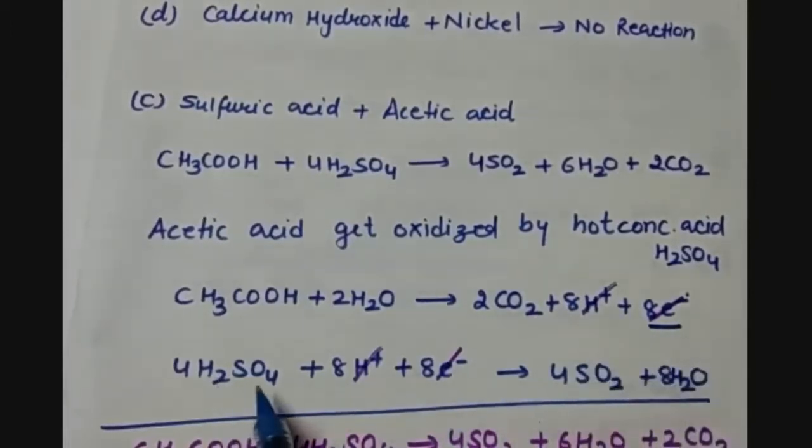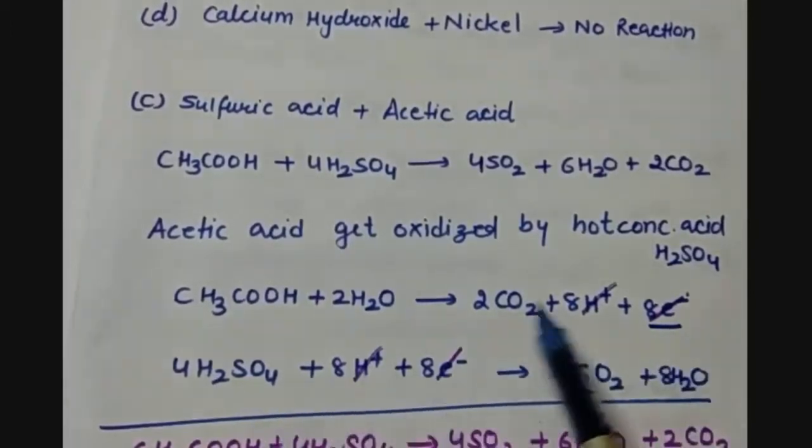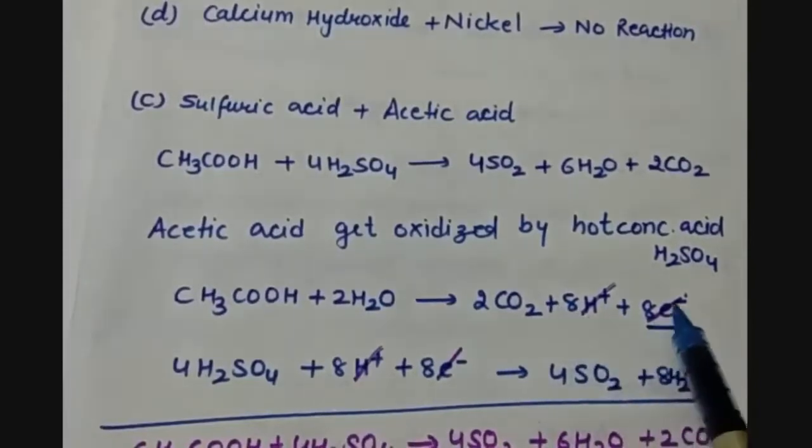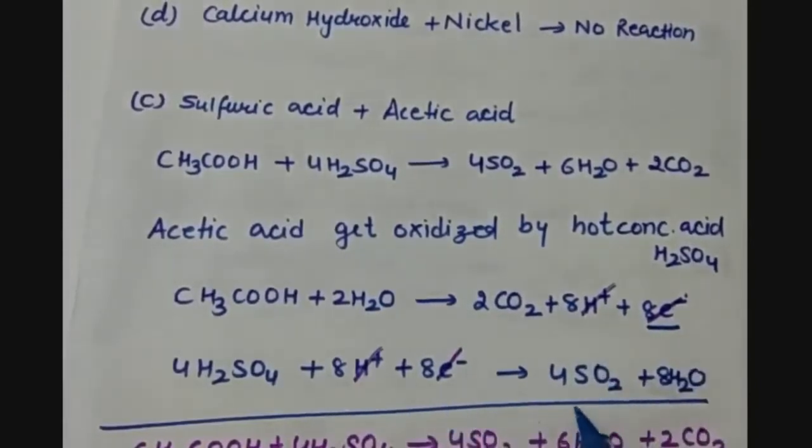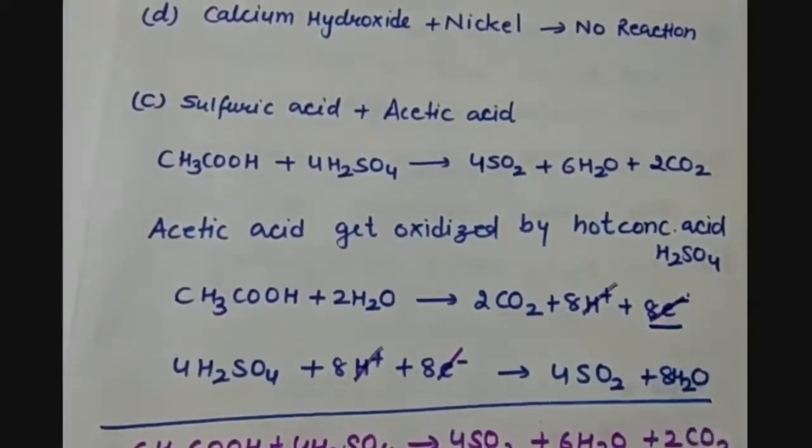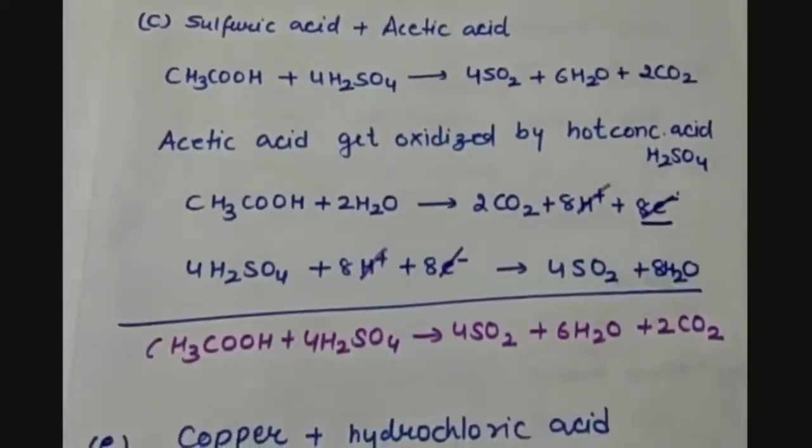Then H2SO4 gains these H plus and 8 electrons and it makes 4SO2 plus 8H2O. Hence the net reaction which is taking place is CH3COOH, that is acetic acid, plus 4H2SO4, that is sulfuric acid. They react together to form sulfur dioxide, water and carbon dioxide.